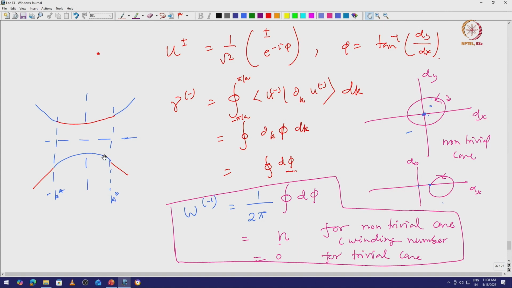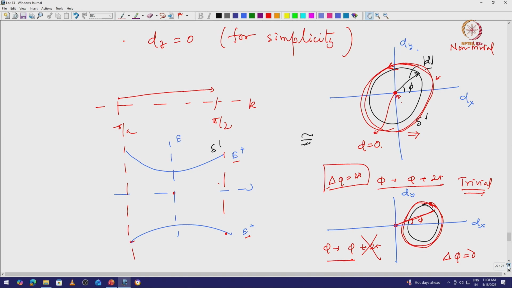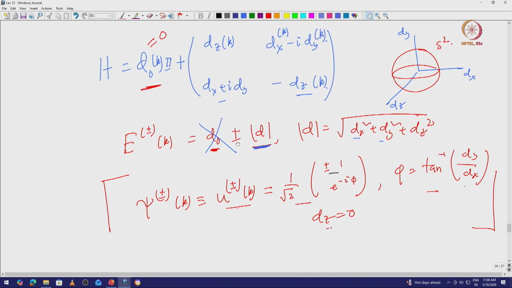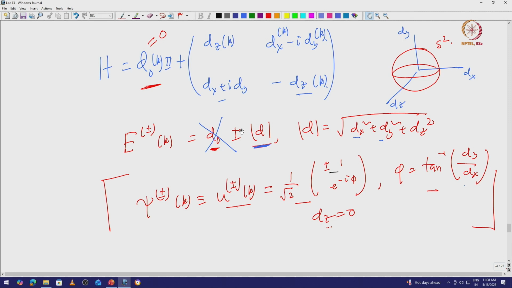So, it goes from one band to another band, or from plus band to minus band, or if you stick with one band, the eigenvector has changed from this state to that state.